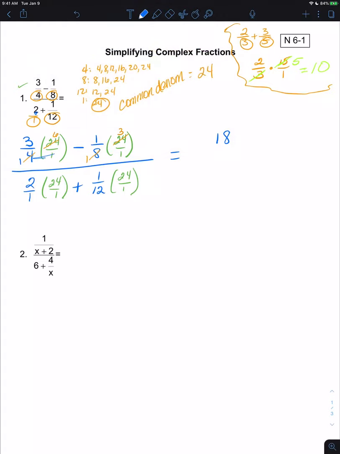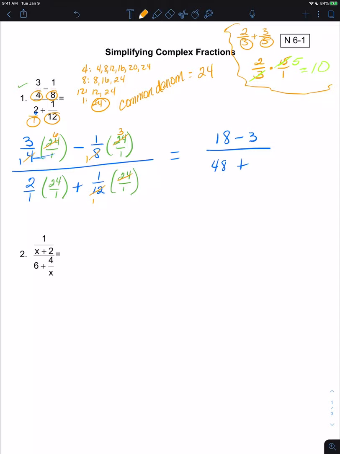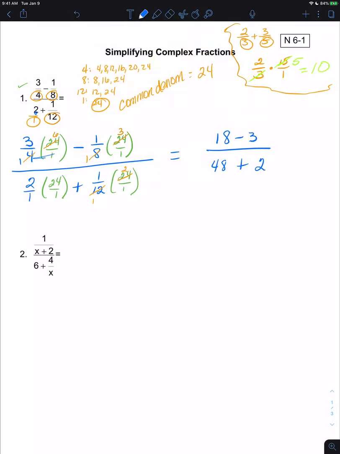So 1 times 3 is 3. And we do the same on the bottom. Well, this 2/1 times 24/1 doesn't reduce, but 2 times 24 is 48. Now here, the 12 in the 24 reduces to a 2, and 1 times 2 is just 2.